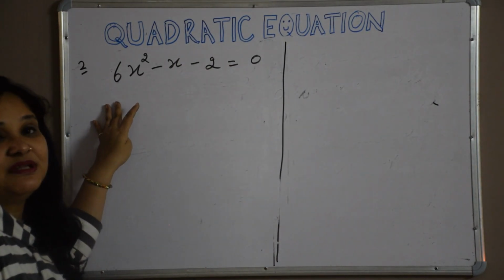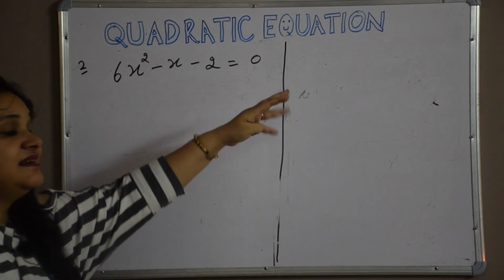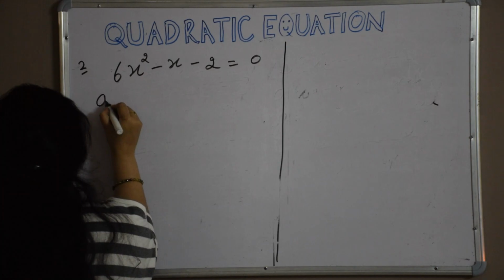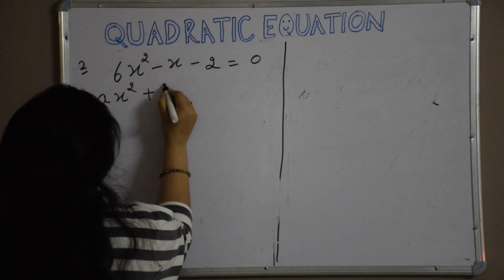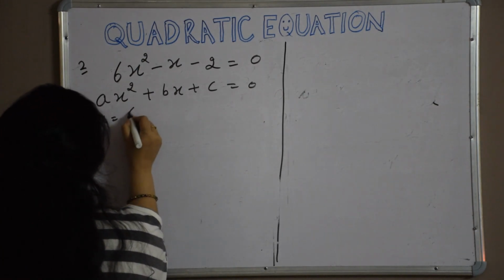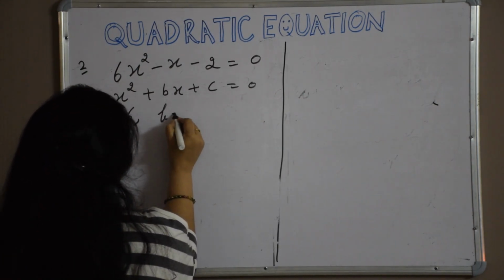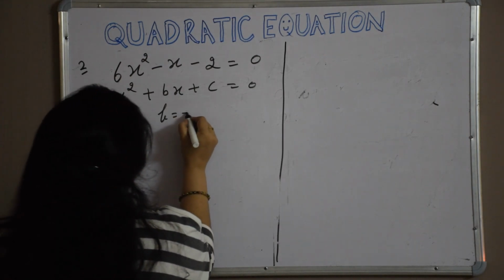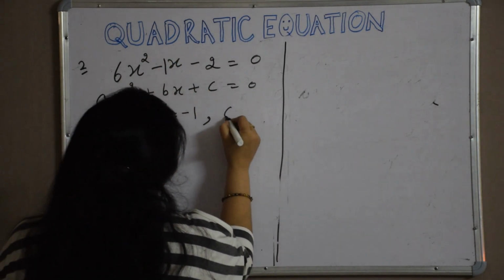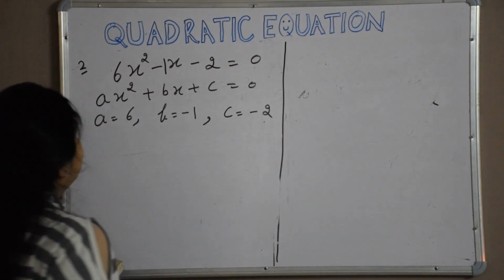Again we have to solve the quadratic equation by the factorization method. The same process we need to follow. First of all we will compare it with ax square plus bx plus c equal to 0. So here a is equal to 6, b is equal to minus 1, nothing is there so you can use minus 1, and c is equal to minus 2.